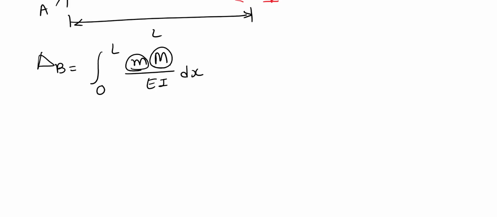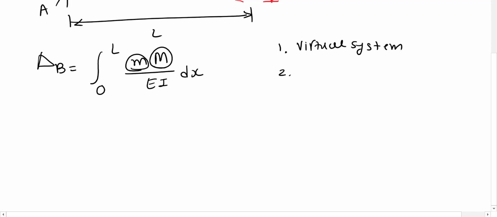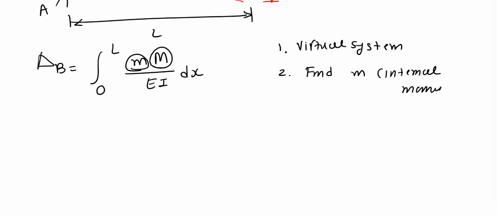So we are always going to follow four steps. We're going to do the virtual system first, and then find the small m, which is the internal moment due to the virtual loading.